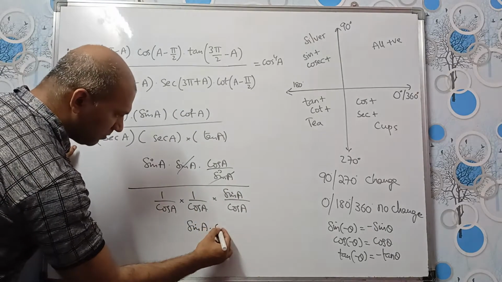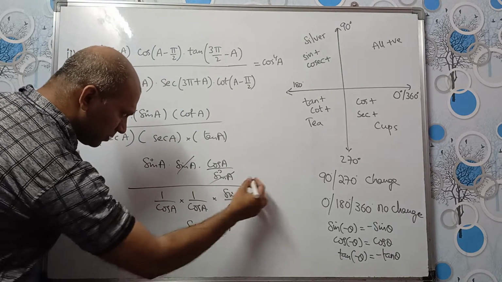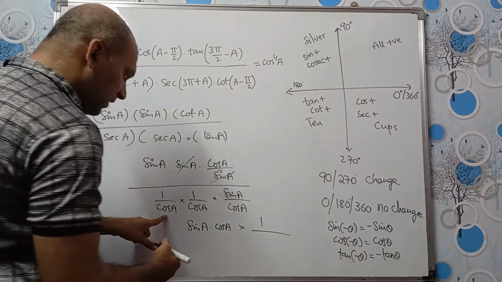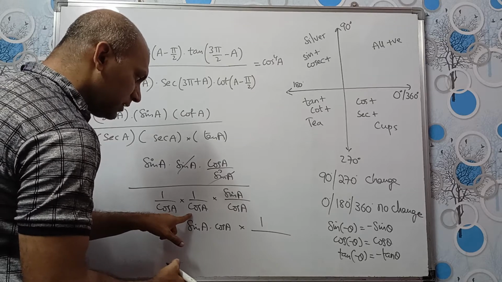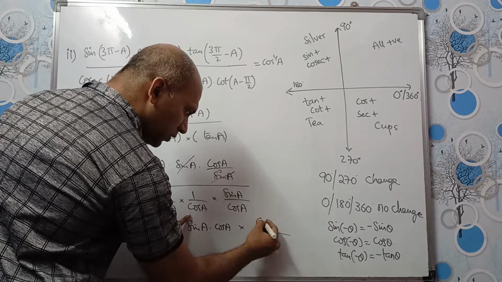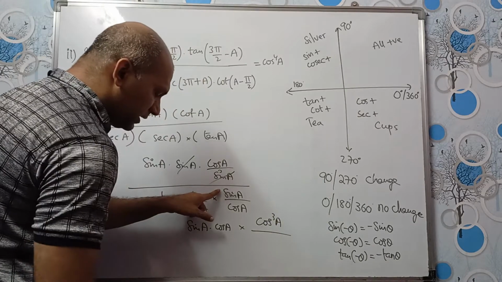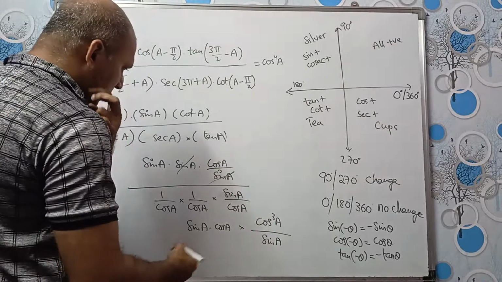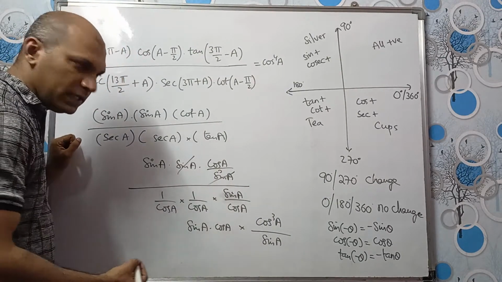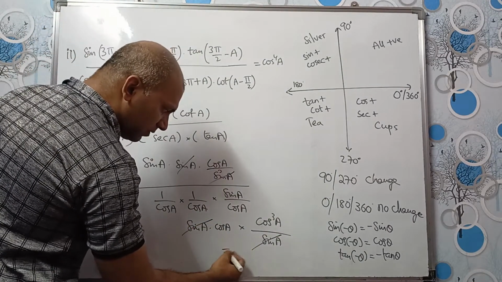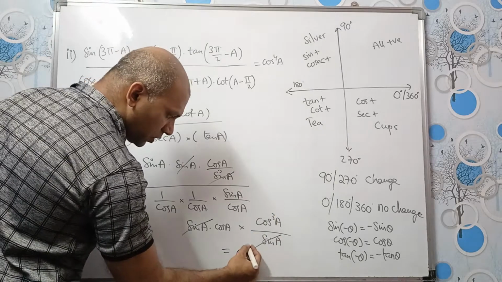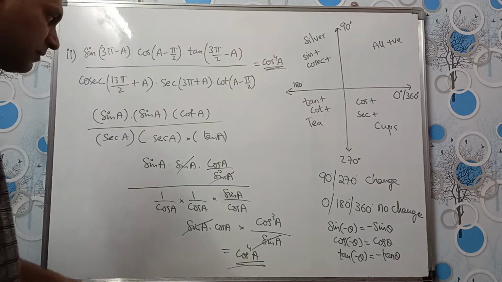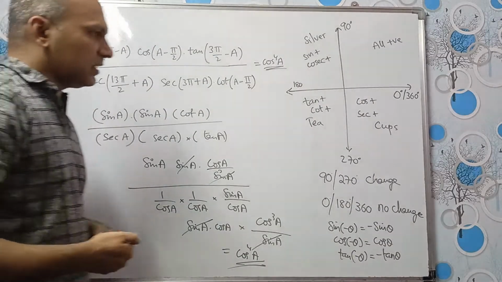We have sine multiplied by cos, and this big division will become multiplication, and this will become reciprocal, right? We have cos cube a in the denominator, so this will come to the numerator, cos cube a, and this sine a in the numerator will come in the denominator. It will be reciprocal, right? So sine will get cancelled. We have cos a, cos cube a, cos power 4a. So cos power 4a. We needed to prove that. Okay. I hope this is clear.